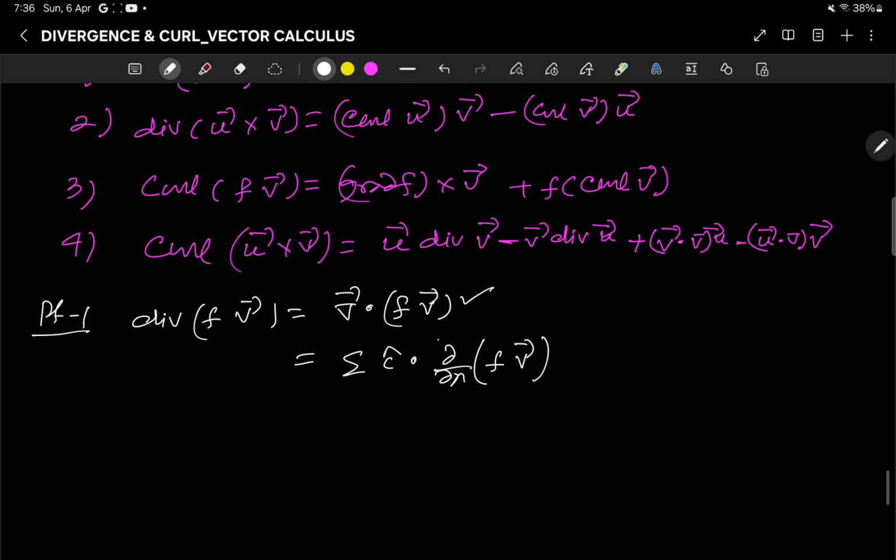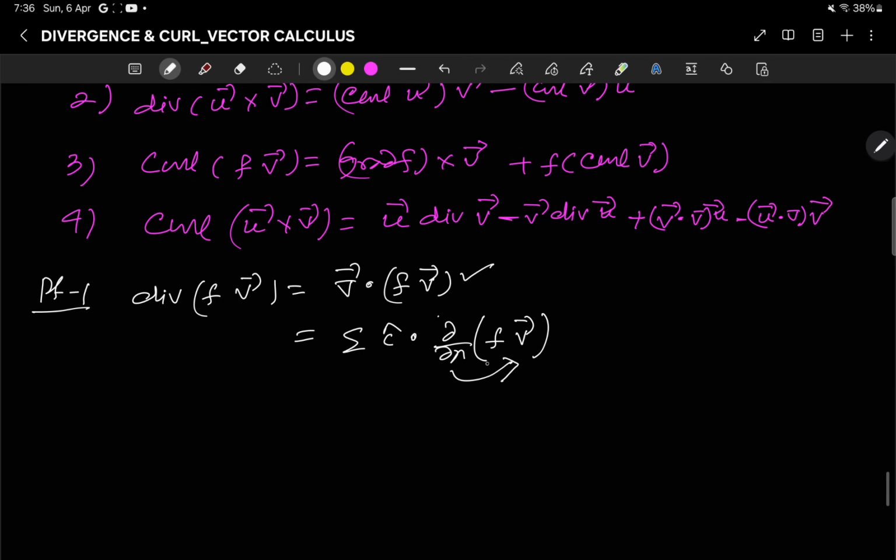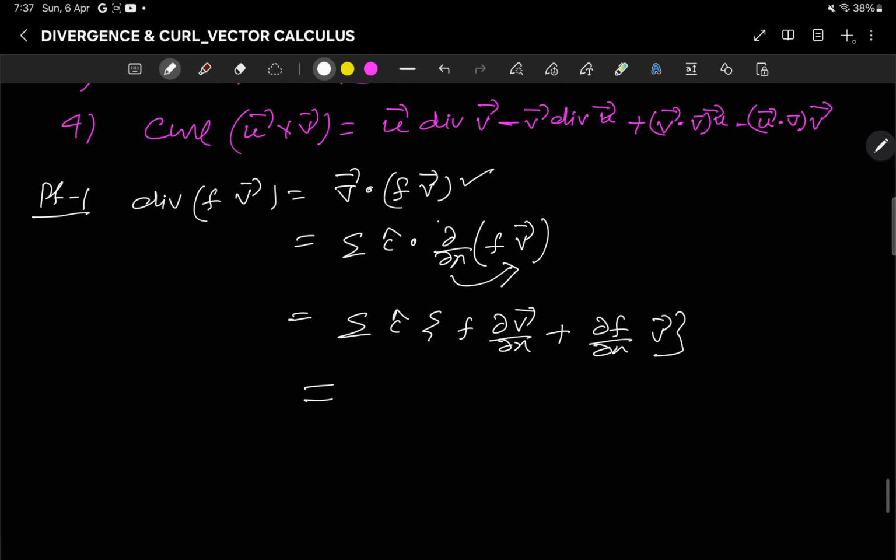Now del is operated over here by applying the product formula. So this is equal to summation of i dot f del v by del x plus del f by del x v. Now you separate them out.